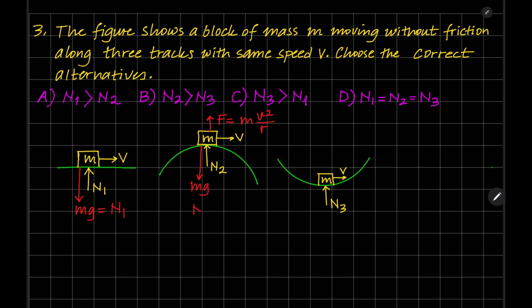In this case, N2 is equal to mg minus m v squared over r. In the third case it also makes a circular motion. There is a gravitational force of mg plus a centripetal force of m v squared over r.